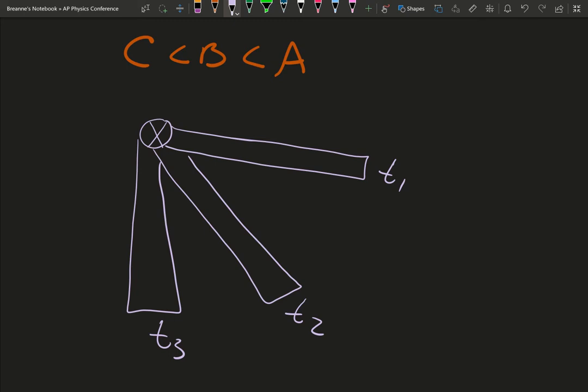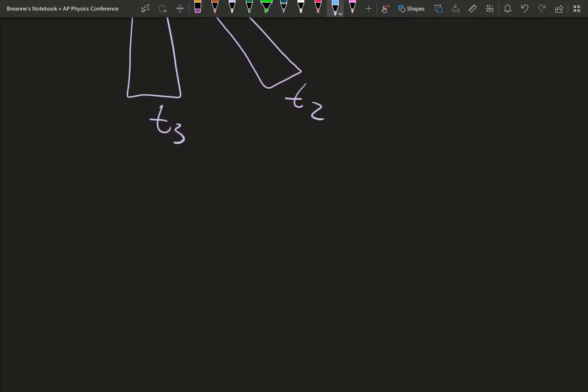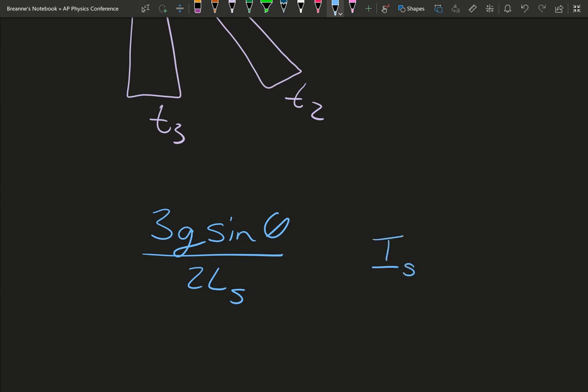So the second part states, show that alpha can be modeled with 3g sine theta over 2ls, where the rotational inertia of the sign is 1/3 ms ls squared.